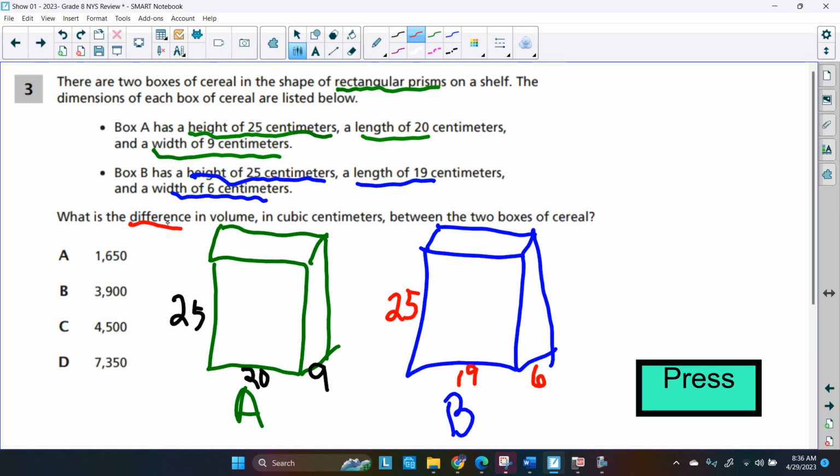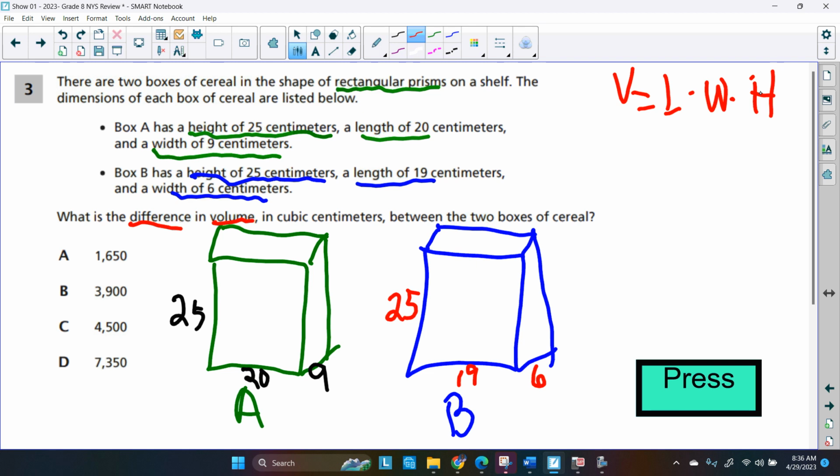I remember that word. It's one of our math vocabulary words, which is another way of saying subtraction. They want to know the difference in volume in cubic centimeters between the two boxes of cereal. Hopefully you remember your volume formula: length times width times height.